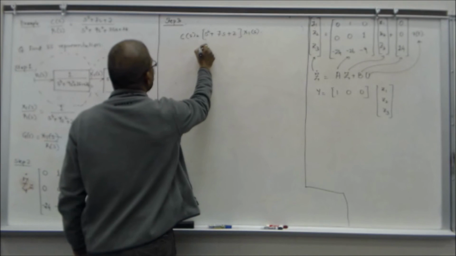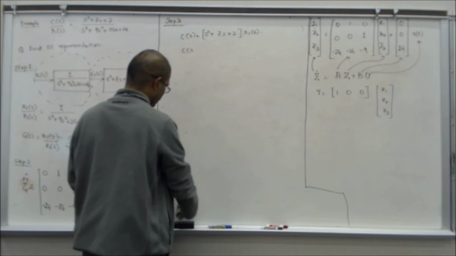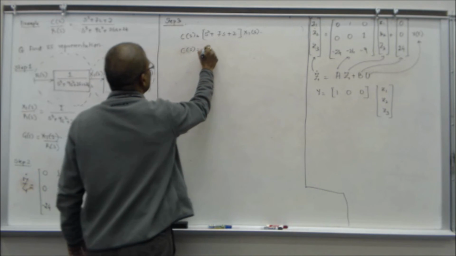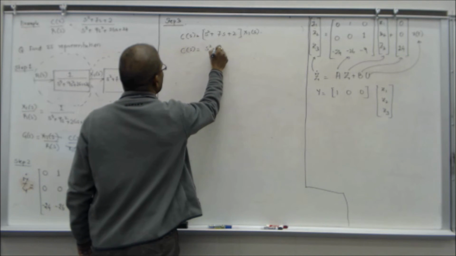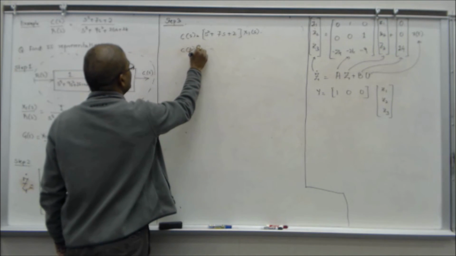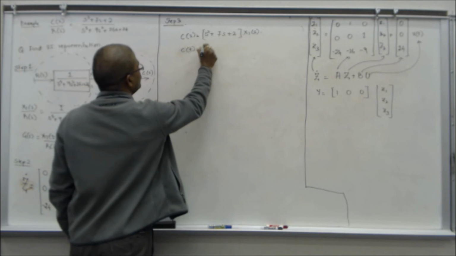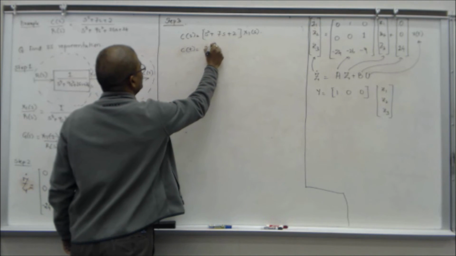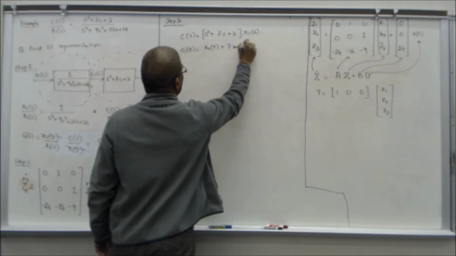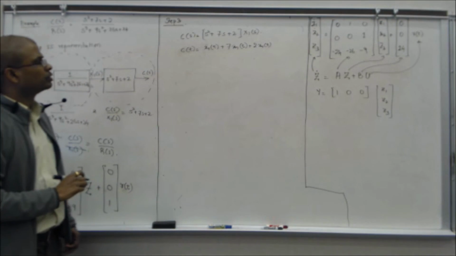And this would be, so C of s would be equal to s square, C of t would be equal to x1 double dot of t plus 7 x1 dot of t plus 2 x1 of t. Okay.